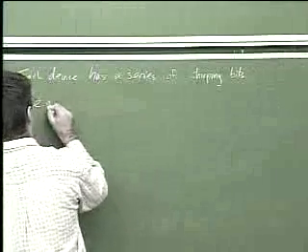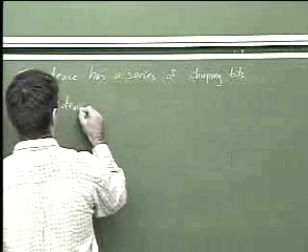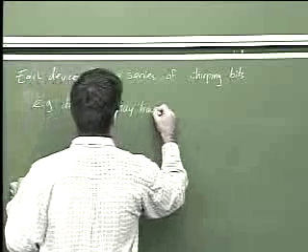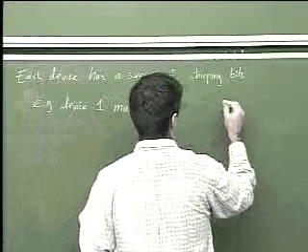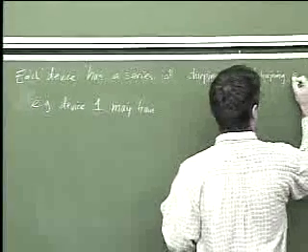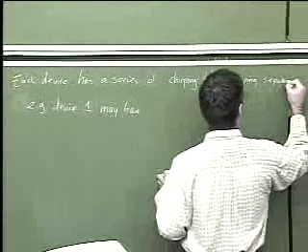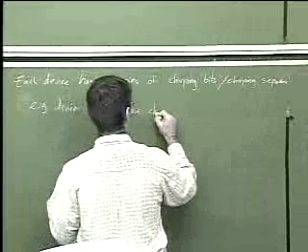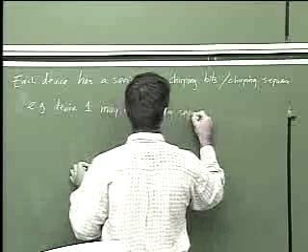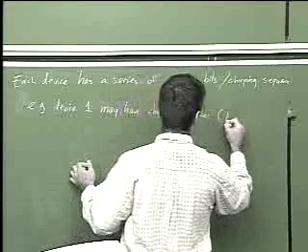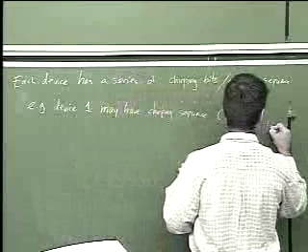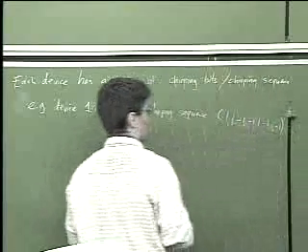So for instance, device 1 might have the chirping sequence 1, 1, minus 1, minus 1, 1, minus 1, 1, minus 1.